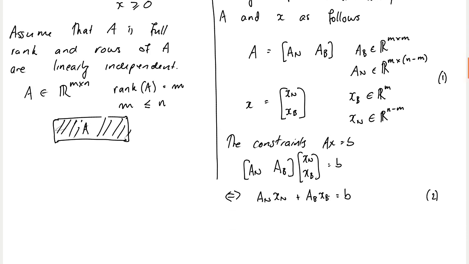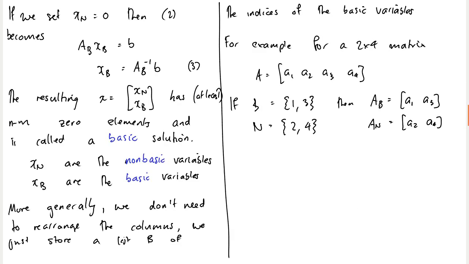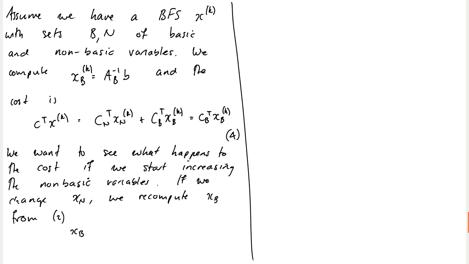Okay, so we can always solve for xb. If our xn's are non-zero, we can still solve this thing for xb by rearranging it in terms of xn. So xb will equal Ab inverse b minus Ab inverse An xn.